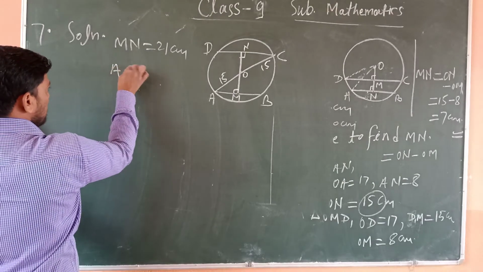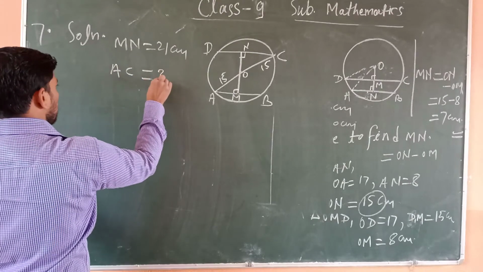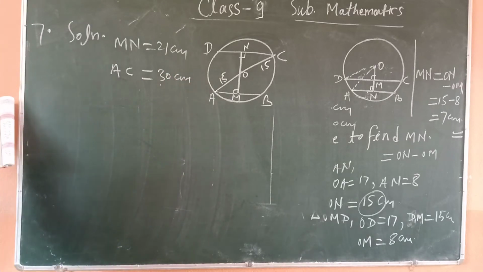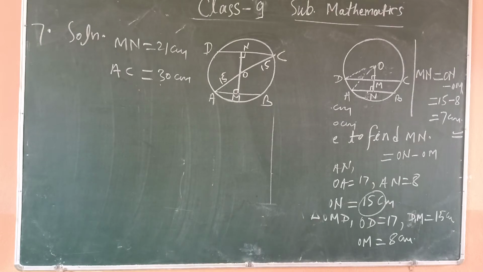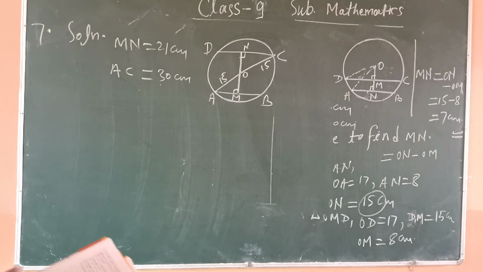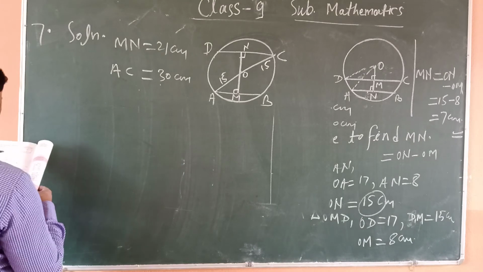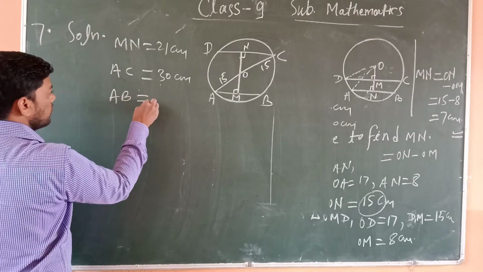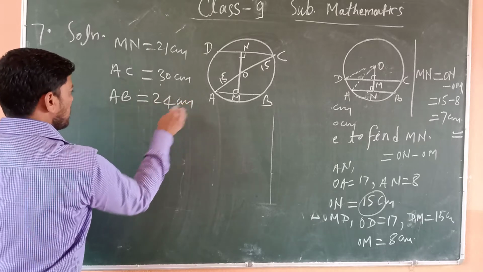Diameter AC is equal to 30 centimeter. Find the length of the other chord. The length of one chord is given, 24 centimeter. Suppose AB is equal to 24 centimeter.